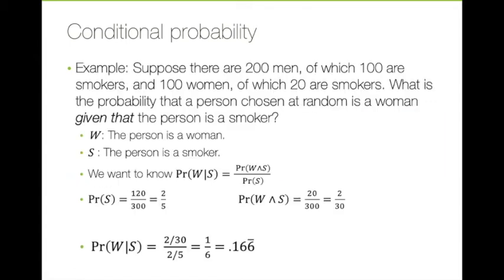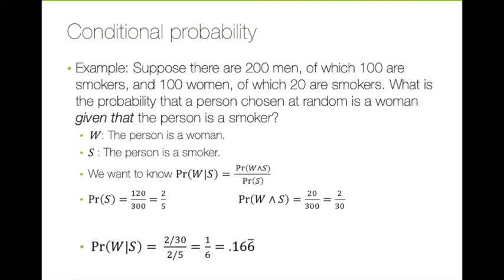Now let's work on using this formula in an example. We're going to go back to our case with 300 people, 100 women, 20 smokers among the women. But we're going to ask about a different conditional probability this time. Now we want to know, what's the chance that a person is a woman given they're a smoker?